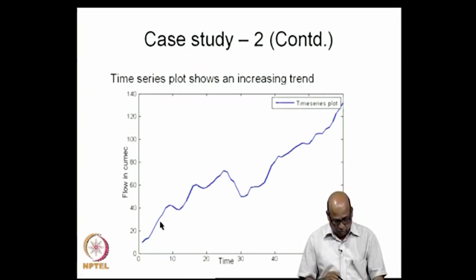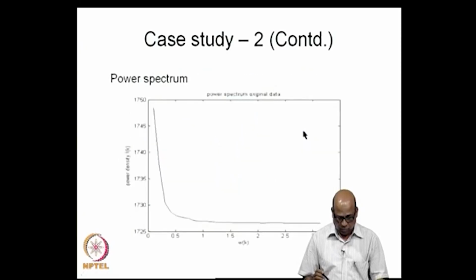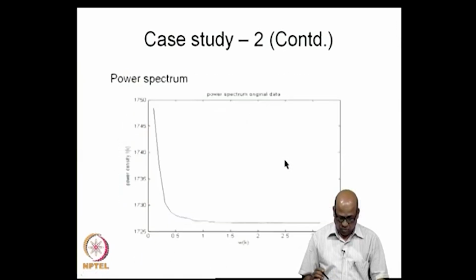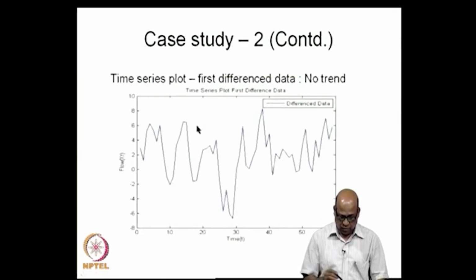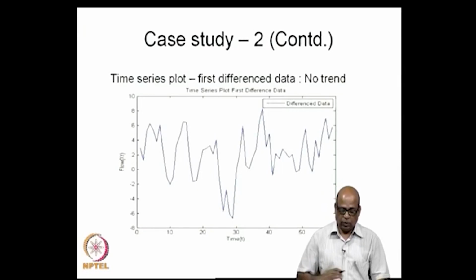If we do the differencing, we get the time series for the first order difference data. As you can see here, what was appearing like this in the original time series now appears something like this, which means that the trend that was so apparent in the time series has been removed.